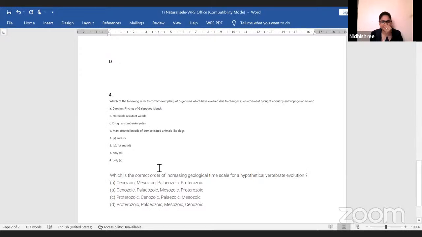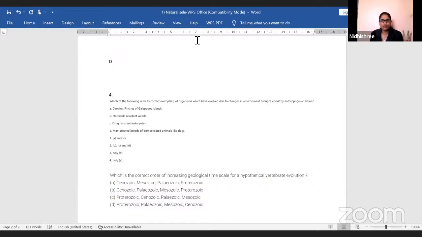Fifth question goes like this, guys, of 5-star bio. Which is the correct order of increasing geological time scale for a hypothetical vertebrate evolution? Cenozoic, Mesozoic, Paleozoic, Proterozoic. Cenozoic, Paleozoic, Mesozoic, Proterozoic. Proterozoic, Cenozoic, Paleozoic, Mesozoic. Proterozoic, Paleozoic, Mesozoic, Cenozoic.